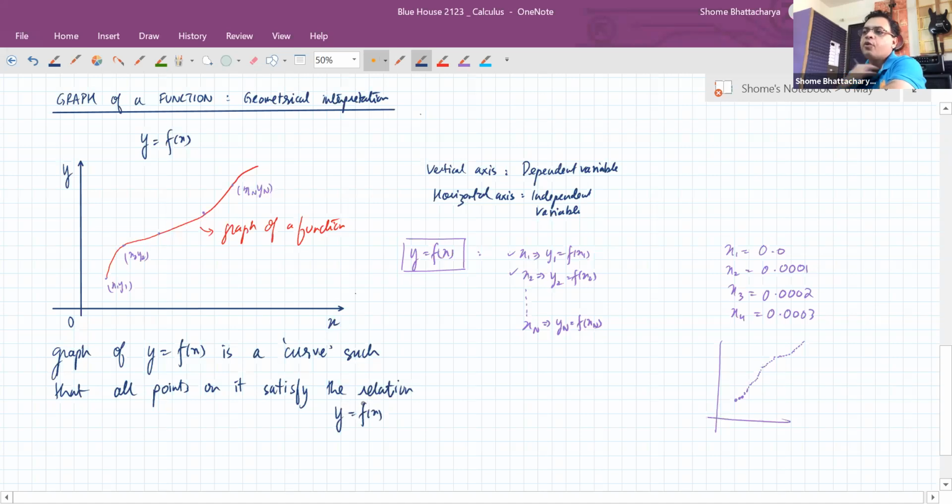Each and every point on this two-dimensional plane that satisfies this particular relation, the collection of each and every such point together, becomes what we call the graph of the function.